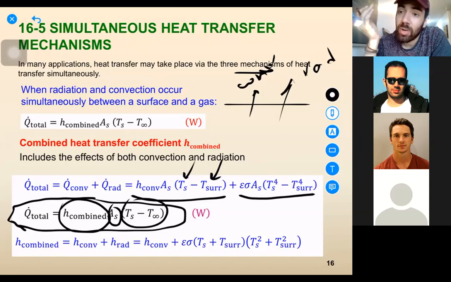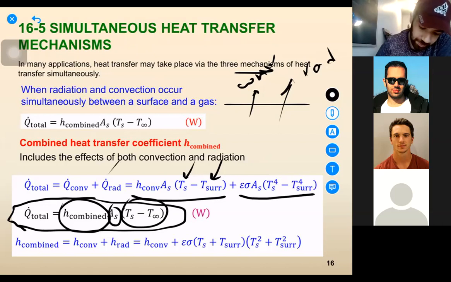So if you want to find a total heat transfer coefficient, what you do is to consider a combined H, and the rest of the terms, the temperature difference and the surface area, are the same as what we had previously.